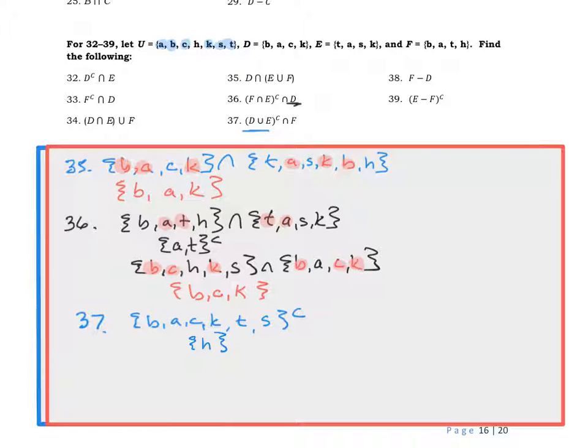Okay, and we want to intersect that with the elements in set F. And if you look at those elements, all we have in common is the H, so that won't be too hard.